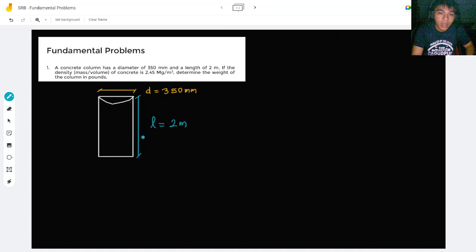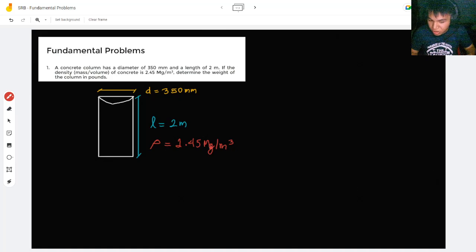We're also given the density of concrete, which is the material used in making this column. Let's denote density with rho, like a P, and its density is 2.45 megagrams per cubic meter.